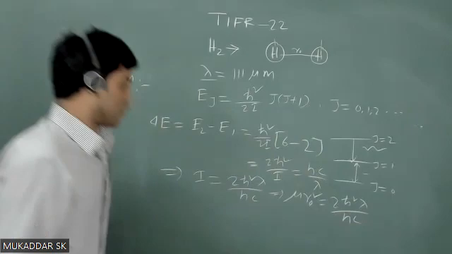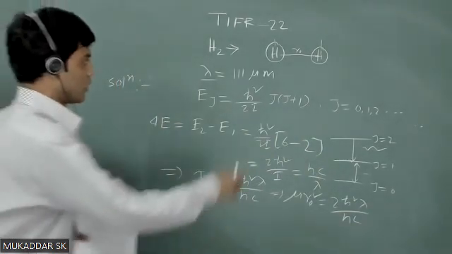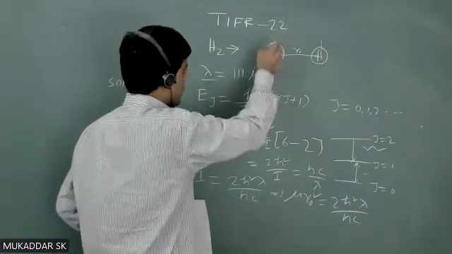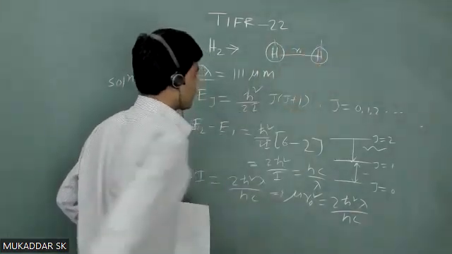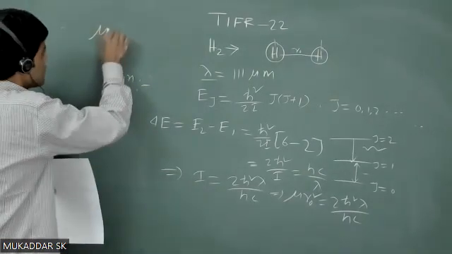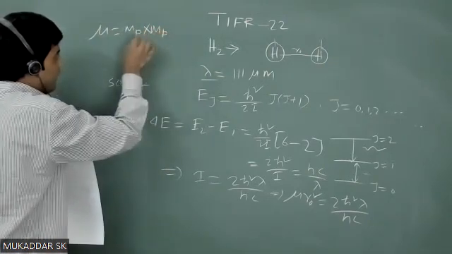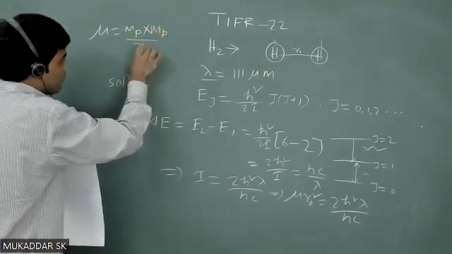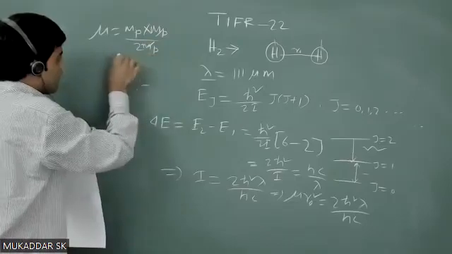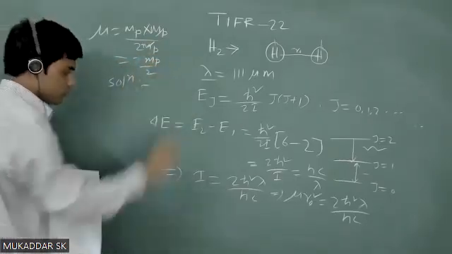Now what will be the value of mu? Mu is basically the reduced mass. We know that each hydrogen atom contains only one proton, so their reduced mass will be Mp into Mp divided by Mp plus Mp, that is twice Mp, so this will be cancelled and I'll get Mp by 2.